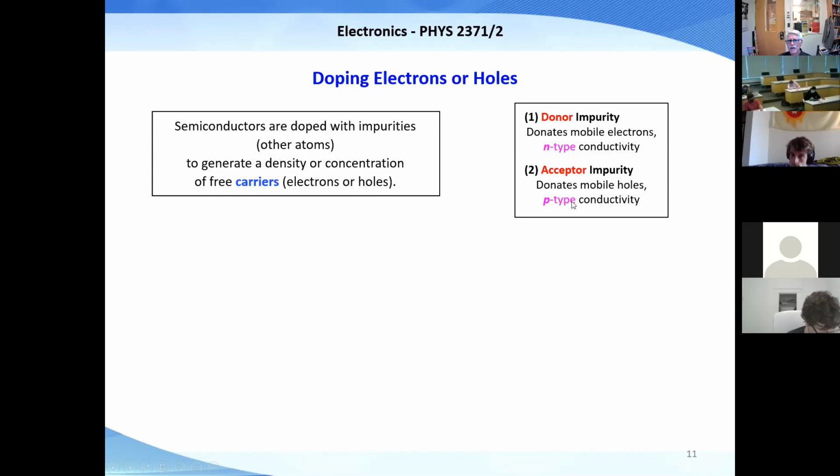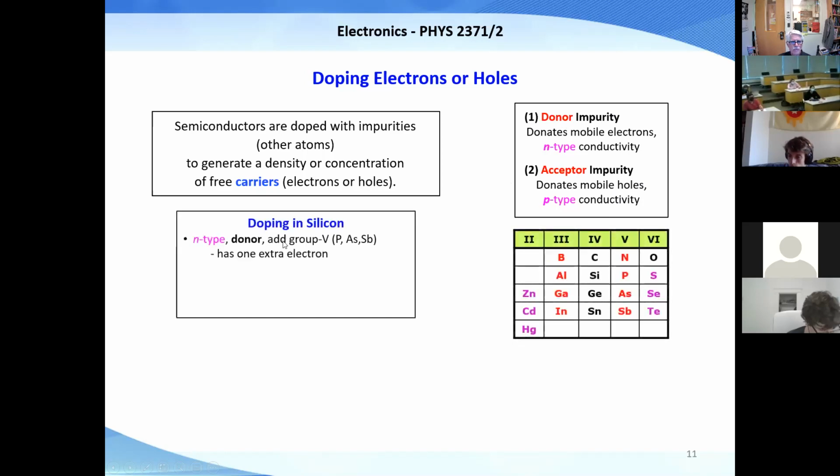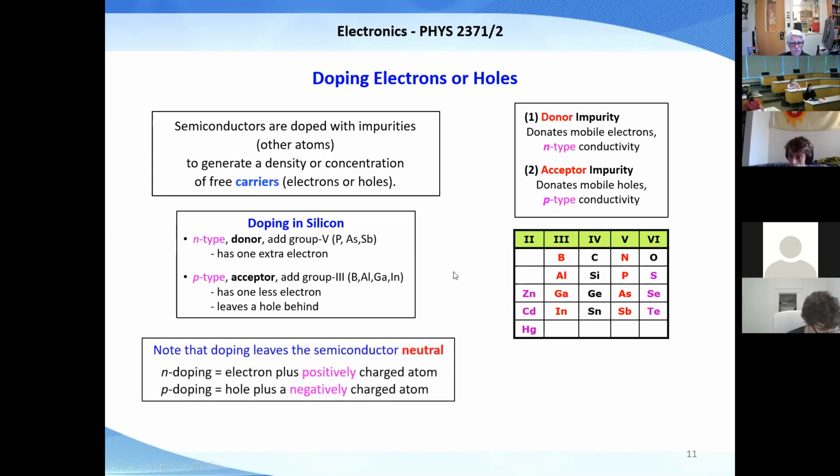Okay, so that's where we get the concept of P-type doping and N-type doping, whether we put donor impurities in or acceptor impurities in. Okay, so as I mentioned before, with silicon you can put any of the group 5 elements to get electrons, or if you want to get holes, you put something from group 3.